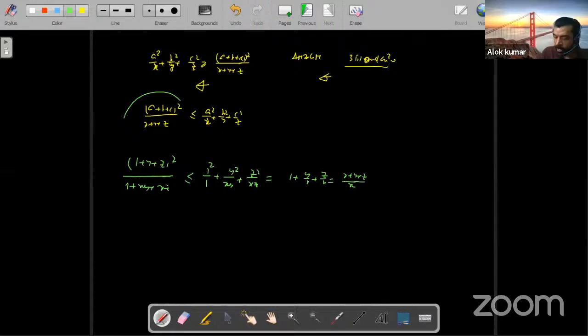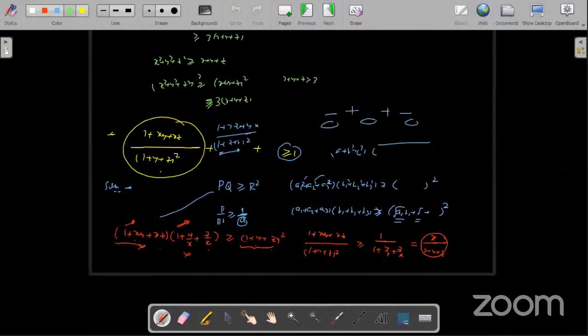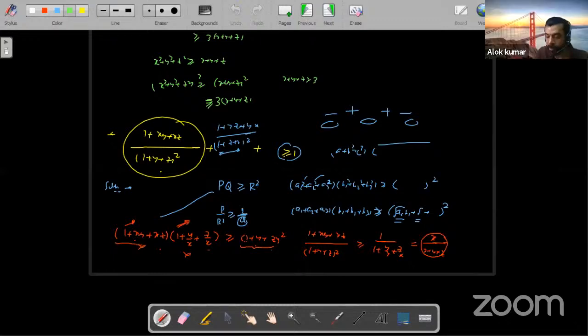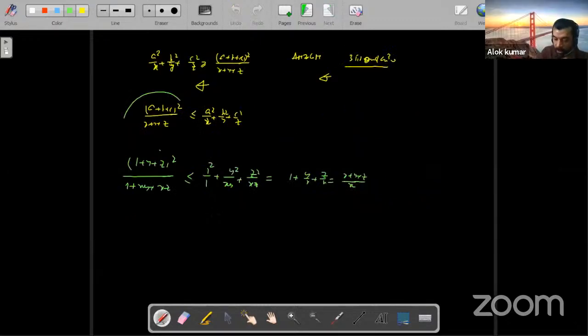And the original thing was not this, but the reciprocal of it. And no problem, that was good enough because the sign I require is greater than or equal to. So now the direction of inequality is also supporting me. So once I turn it upside down, I get 1 plus xy plus xz over 1 plus y plus z whole square is greater than or equal to x over x plus y plus z.